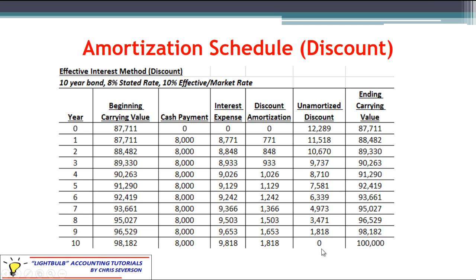That unamortized discount we're going to use up over time, so it eventually hits zero. Cash payment, now it's an 8% stated rate, so this is just an $8,000 cash interest payment. The interest expense is going to be the beginning carrying value multiplied by the 10% effective rate, $8,771. Now notice as this balance increases to get closer and closer to $100,000, our interest expense is going to increase as well.